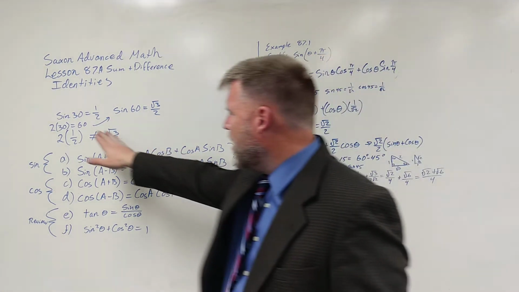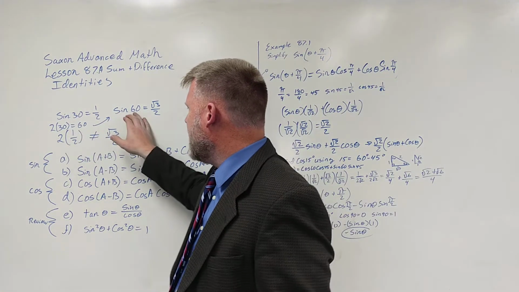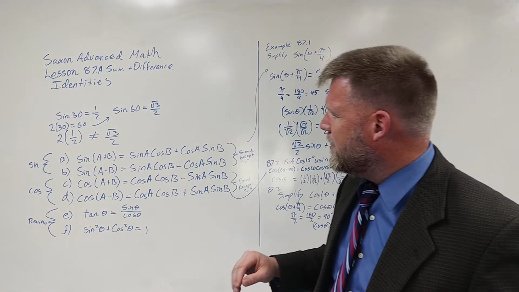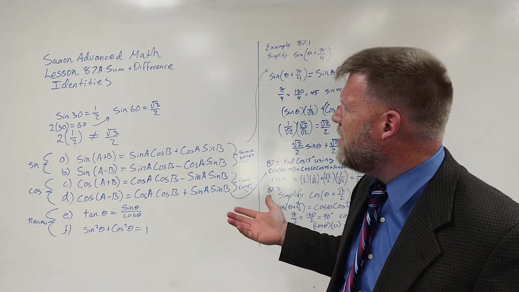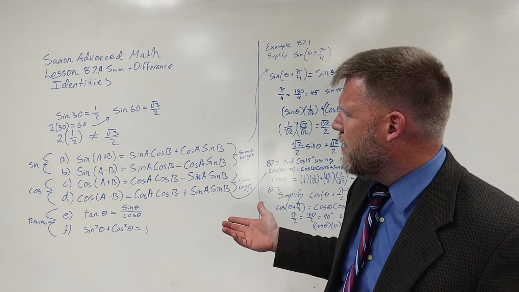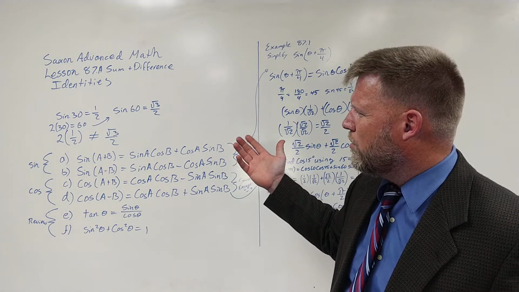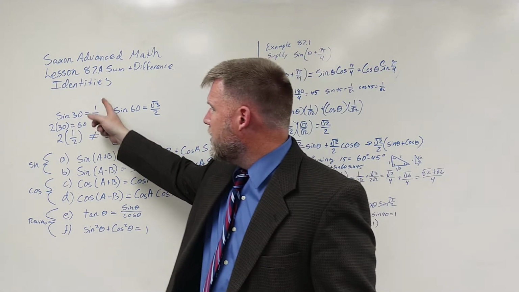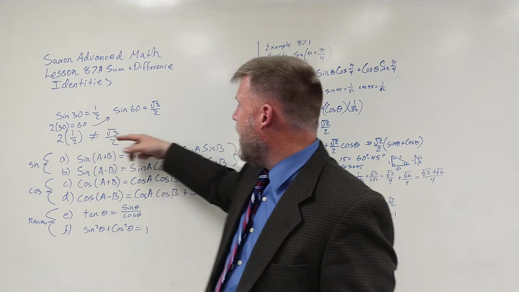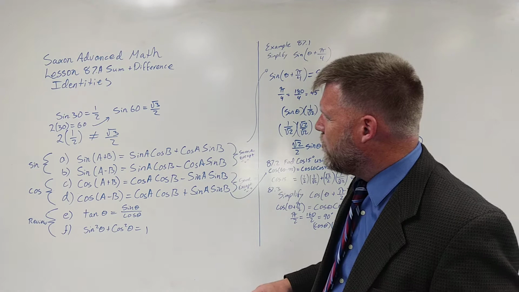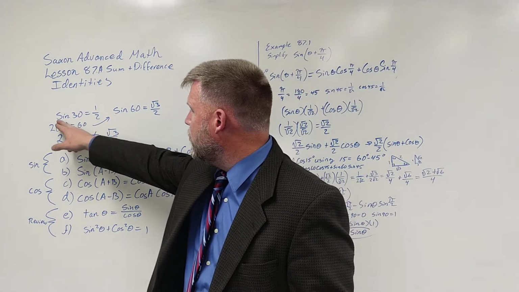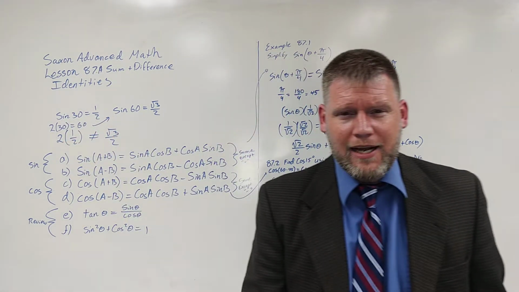For instance, if I had the sine of 30 and the sine of 60, I can't say that's the same as just saying sine of 30 plus 60, so sine 90, right? And if I look at that, it doesn't work. Nor does it work if I just add them up and say 1/2 plus root 3 over 2. Because it should be, if I said 2 times the sine of 30, that should be the sine of 60, right?